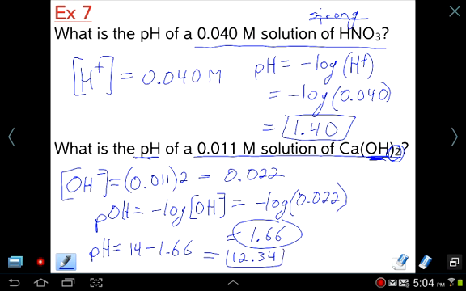And this is the real answer. 12.34 is your pH, which is consistent with a basic solution. Calcium hydroxide is a base, so we would expect a high pH, above 7, quite a bit above 7, which it is in this case. And that's how you get the pH of actual basic and acidic solutions.